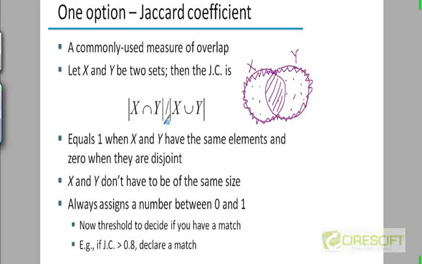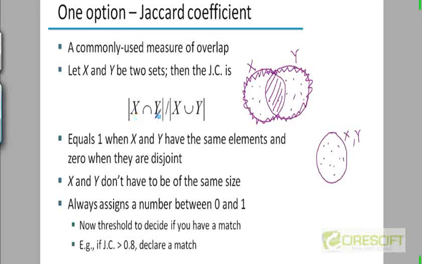Okay, so it's the size of X intersection Y divided by the size of X union Y. Now what happens if X and Y are the same set? In that case every element of X is an element of Y and vice versa.